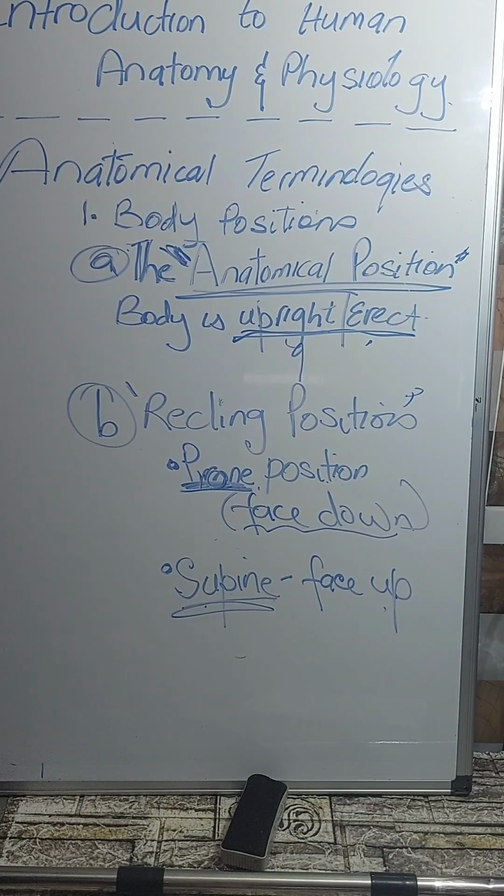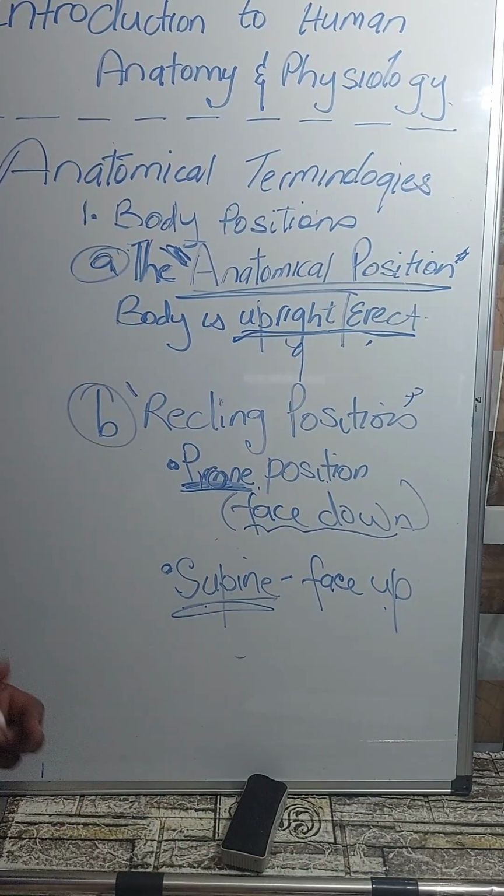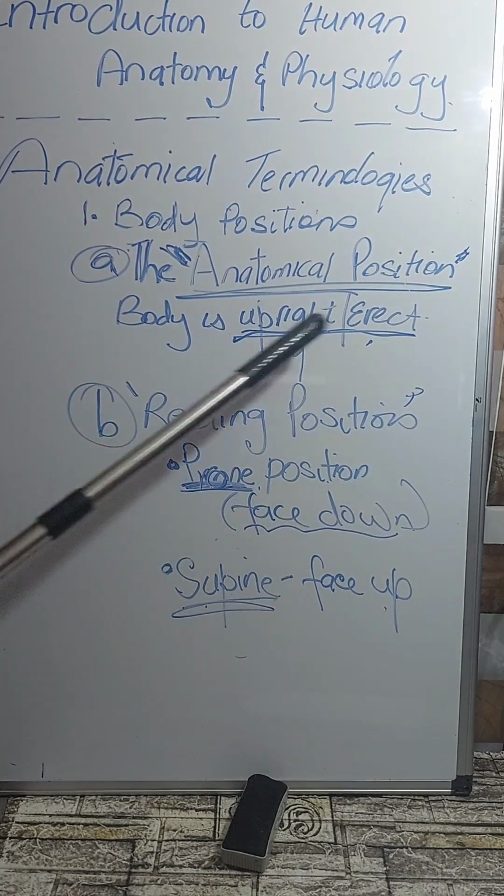You stand erect, the head is level, and the eyes are facing directly forward, feet flat on the floor, arms at the side, and your palms are turned outward. So they're not going to be hitting your legs, they're going to be outward. That's the anatomical position. In the anatomical position, the body is upright or erect.